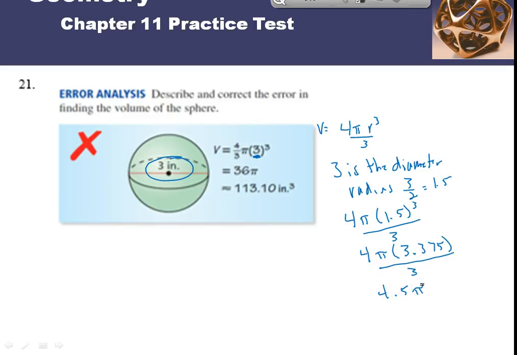Which is 14.1. So I should have gotten 14.1 inches cubed.